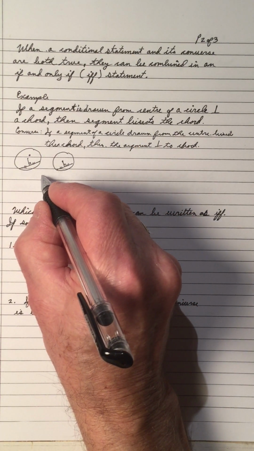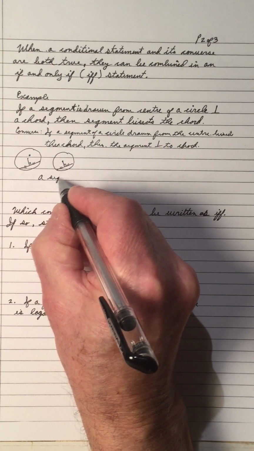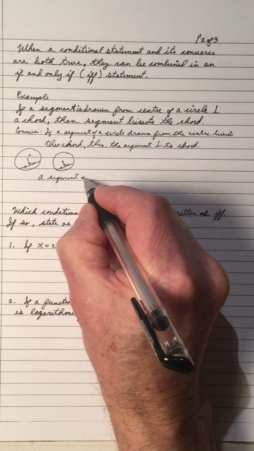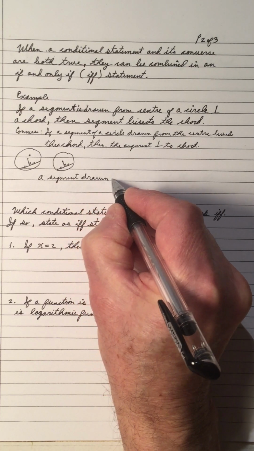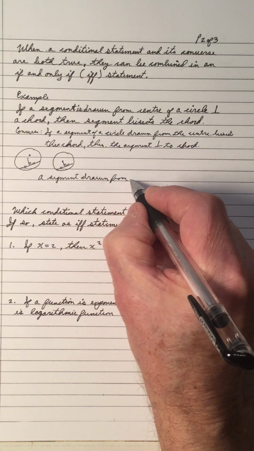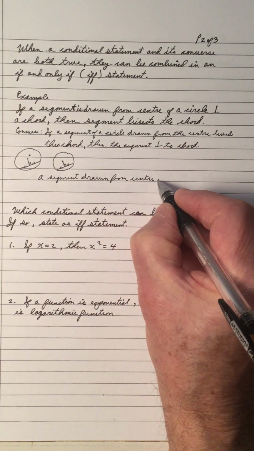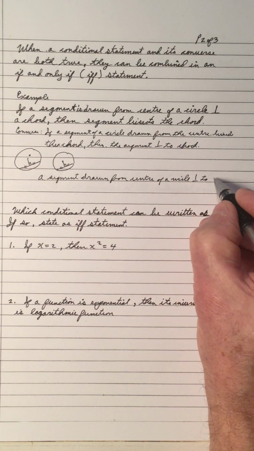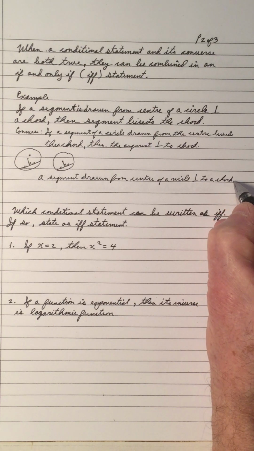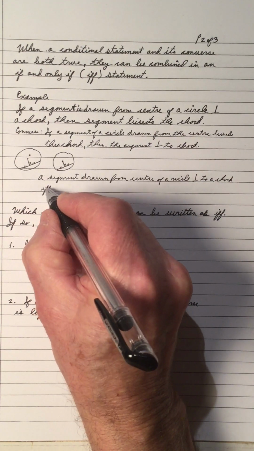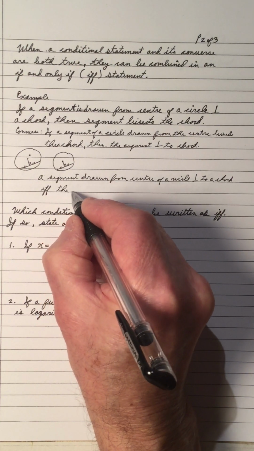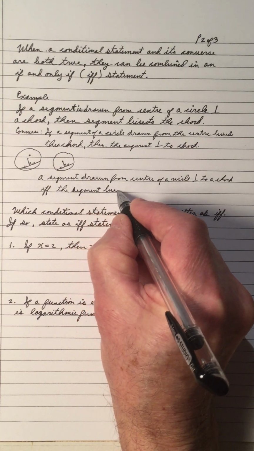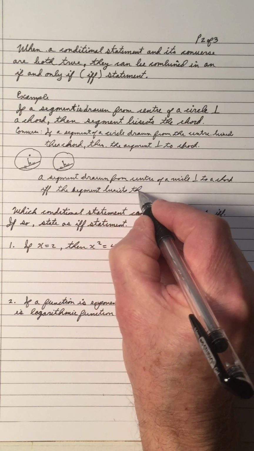So a segment drawn from the center of a circle perpendicular to a chord, if and only if the segment bisects the chord.